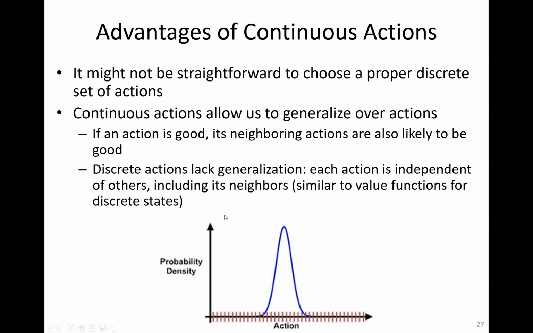Continuous actions allow us to generalize over actions. If an action is good, its neighboring actions are also likely to be good. But discrete actions lack generalization, so each action is independent of others, including its neighbors. This is similar to value functions for discrete states.